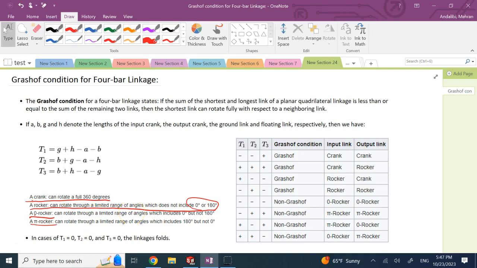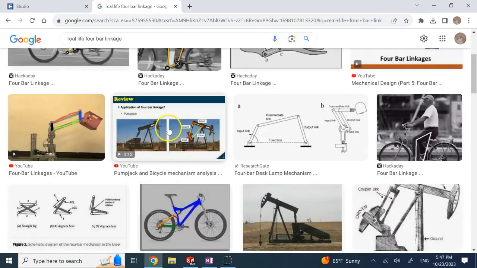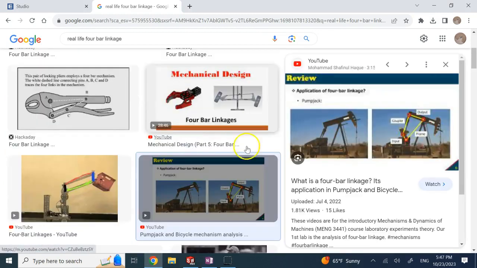job. As I showed you for biking, we had the input link as rocker and the output member as crank. So this is good for a bike. On the other hand, if the input member does the crank and the output does the rocker, the input member rotates constantly, but the output just oscillates. You can see that, for example, in this mechanism for oil extraction. The input is attached to a motor and it can always rotate, but the output member really needs to just go up and down.